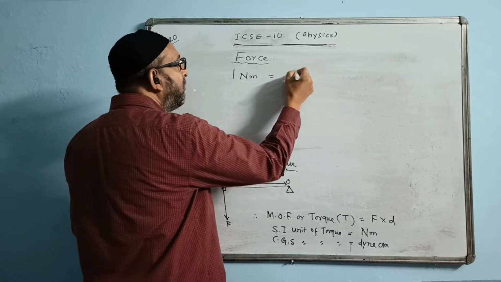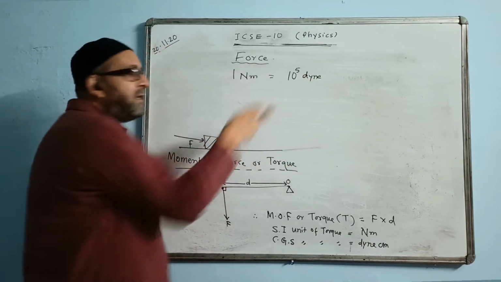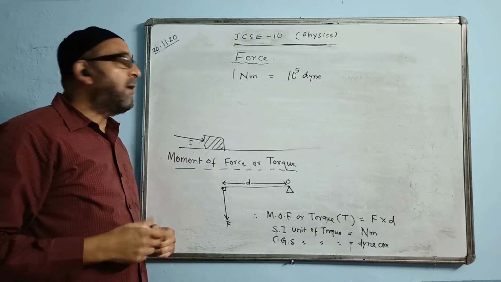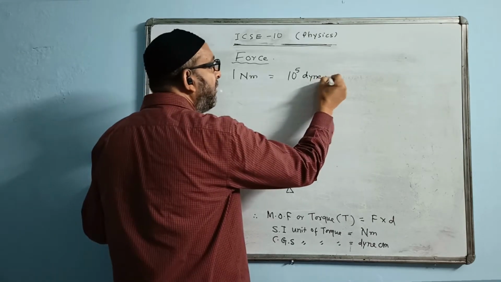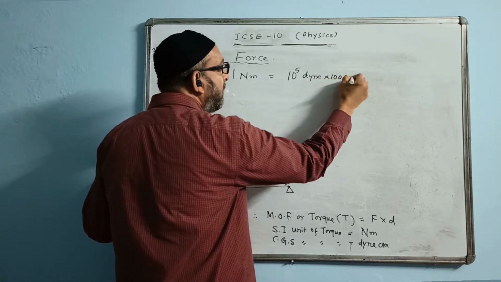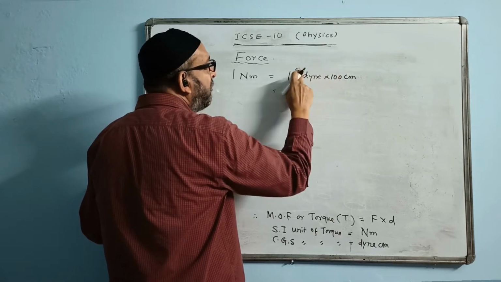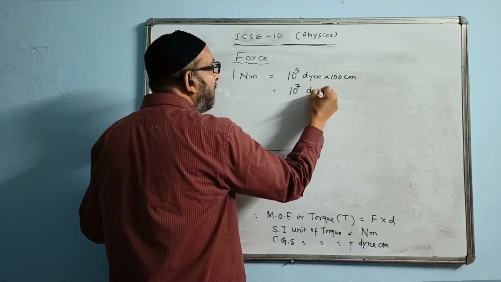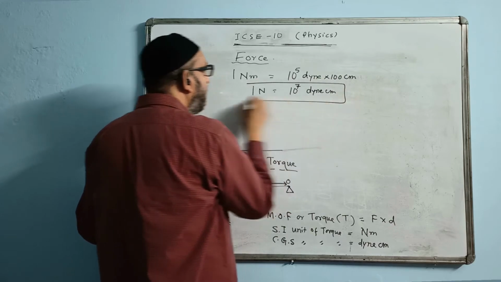How do we change? 10 to the power of 5 dyne. Meter we are changing into centimeter. 1 meter makes how many centimeters? 100. So here we will be writing 100 centimeter. 100 means 10 to the power of 2. 10 to the power of 2 and 10 to the power of 5 all together become 10 to the power of 7 dyne centimeter. 1 Newton meter is equal to 10 to the power of 7 dyne centimeter.